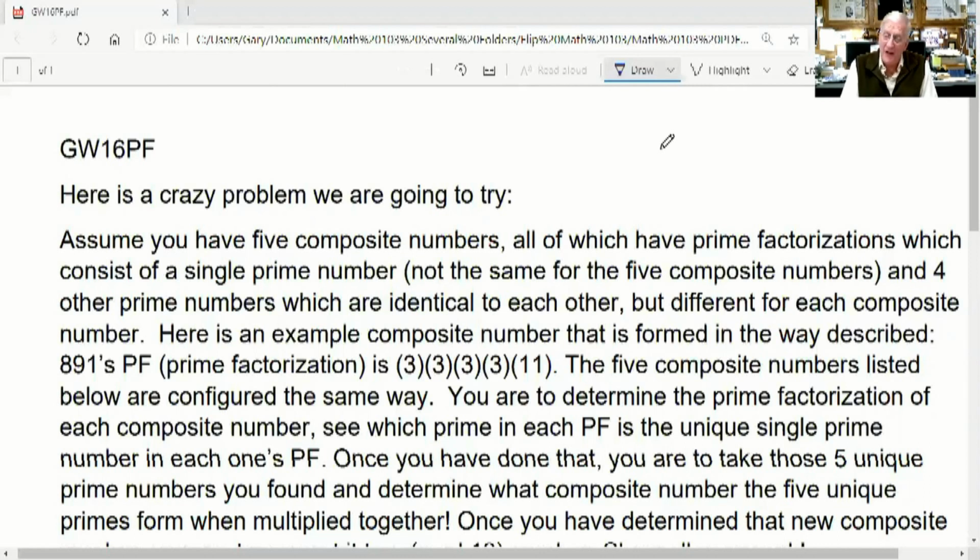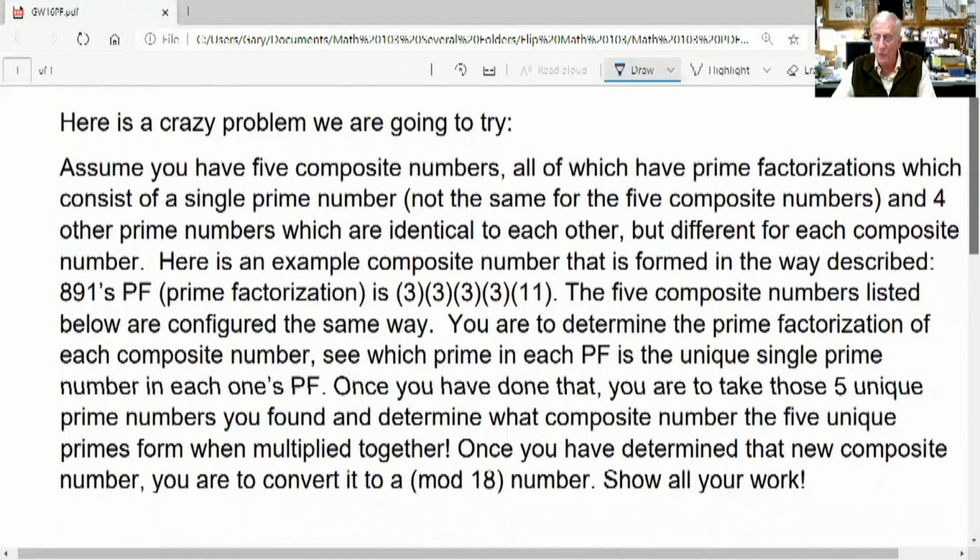Okay? Now, the 5 composite numbers listed below are configured in the same way. Now, you are to determine the prime factorization of each composite number, see which prime in each prime factorization is the unique single prime number in each one of the prime factorizations. And once you have done that, you are to take those 5 unique prime numbers you found and determine what composite number the 5 unique primes form when multiplied together.